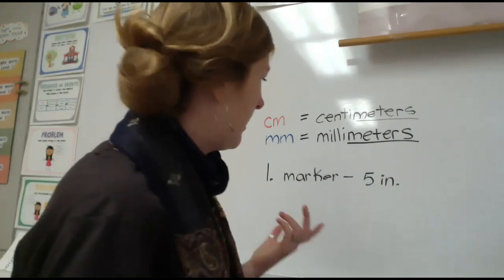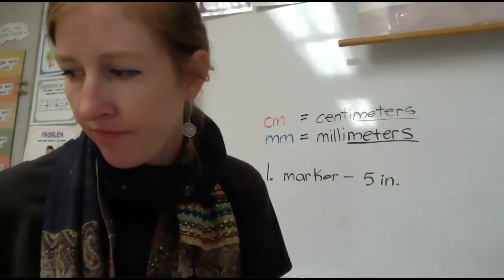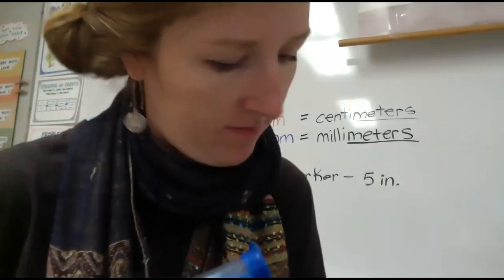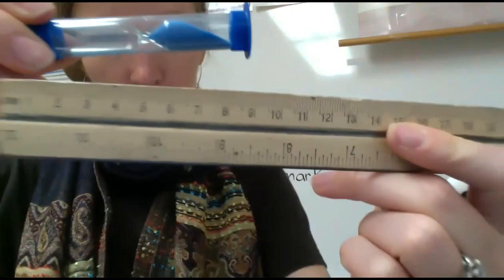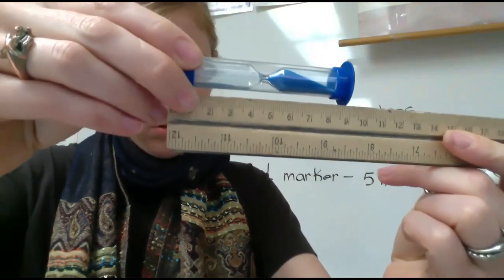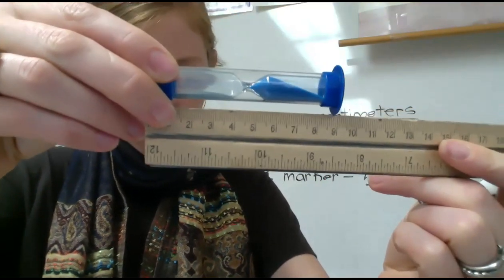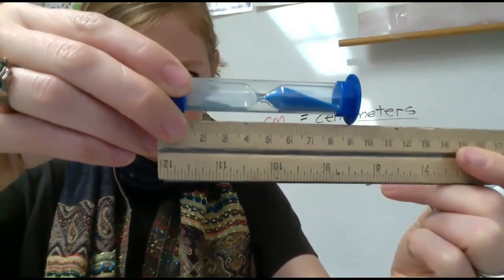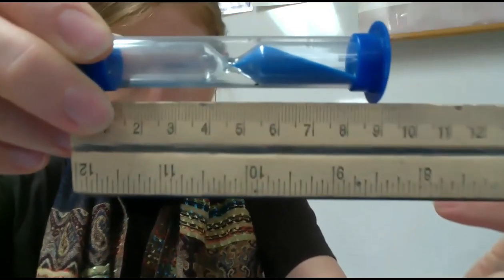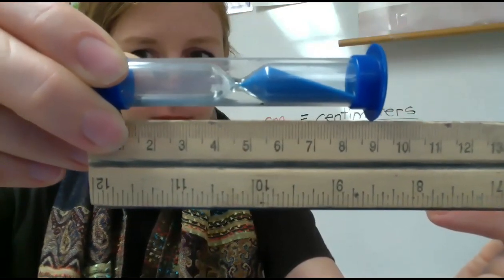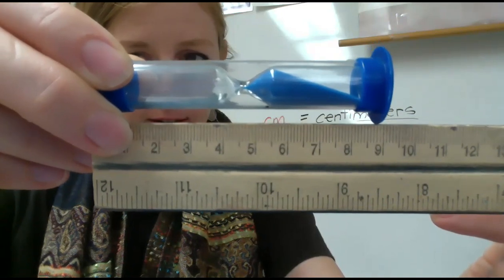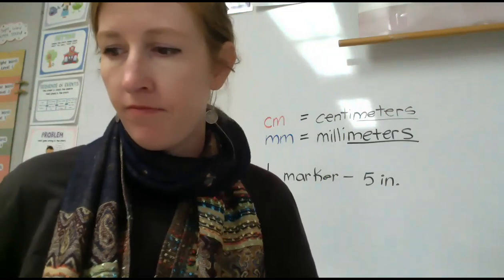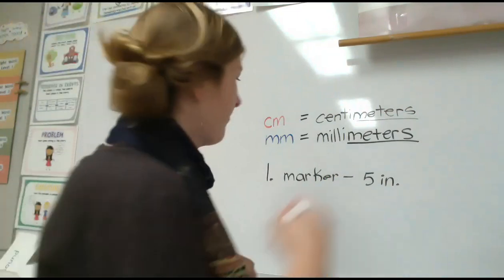Let me measure something else in centimeters and I'll write it on the board. I'm gonna measure this timer in centimeters. Ooh, it's about 9 centimeters. It's so close. If I wanted to be really accurate, I could put 8.8 centimeters, or I could round up to 9.